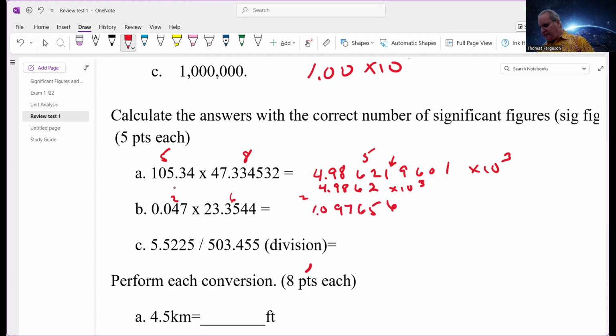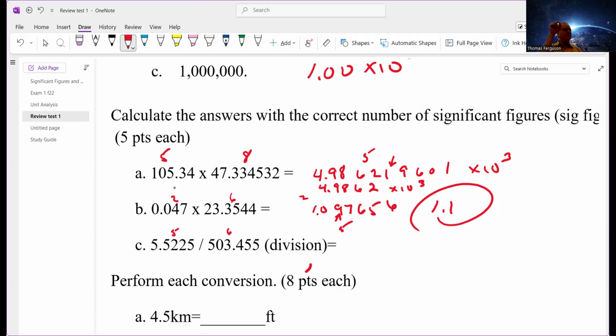Okay, so go to the 3rd place. And that kicks that up to a 1, the 0. And the division problem, we have 5, 6. So our answer is going to have 5.